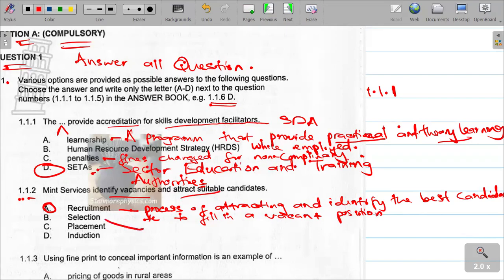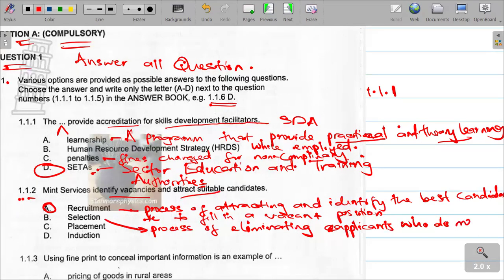Let's talk about selection. Selection is a process of eliminating candidates or applicants who do not meet the job requirements. That's what you call selection.